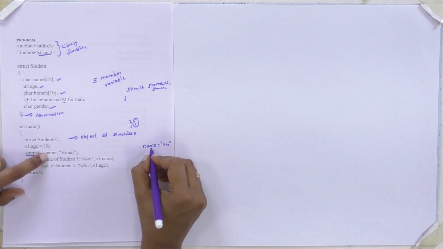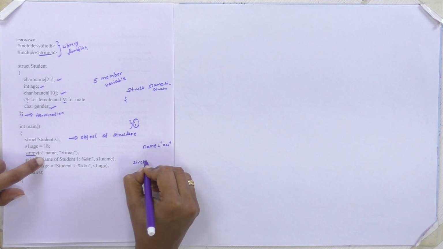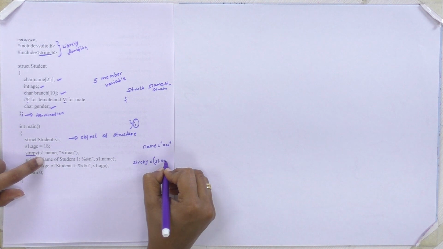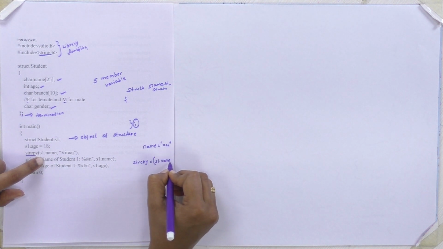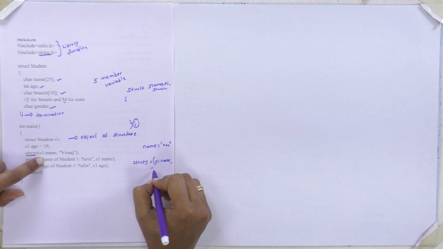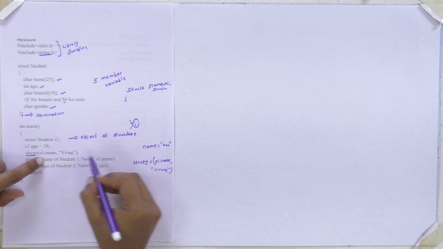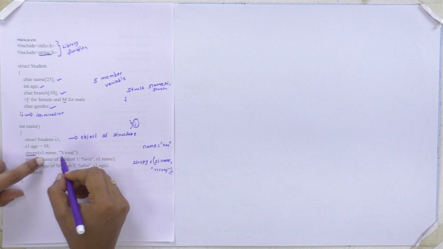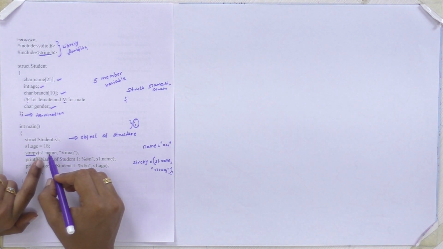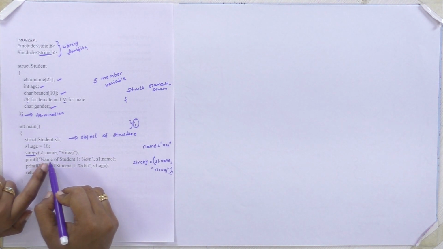So instead of giving name equal to AAA, here we are using strcpy, where the destination is where you have to store the value. Then this is the variable and this is the value. So here Viraj is the name. This value is going to be stored in the variable s1.name. That's it. Next, name of the student.